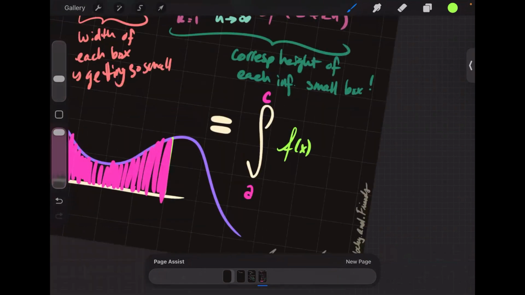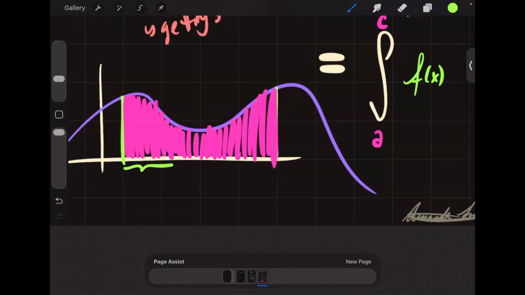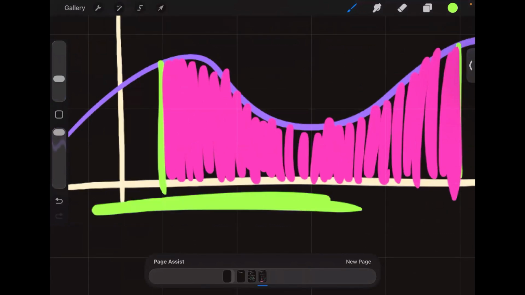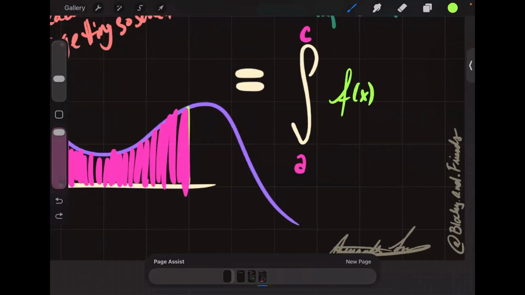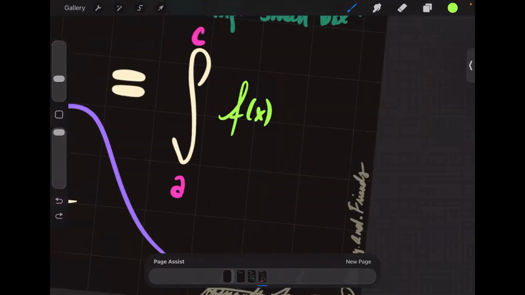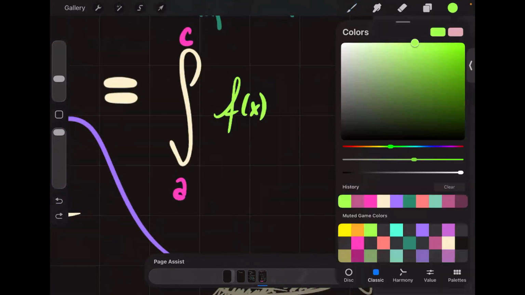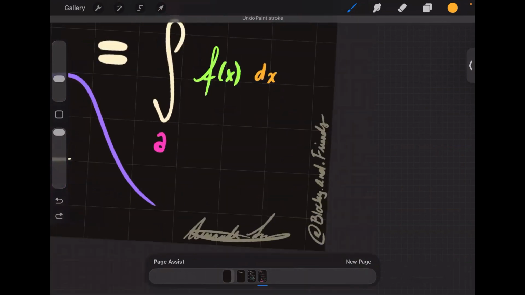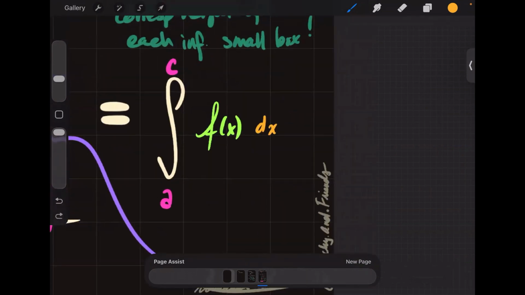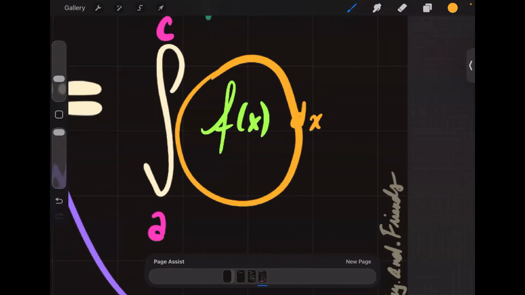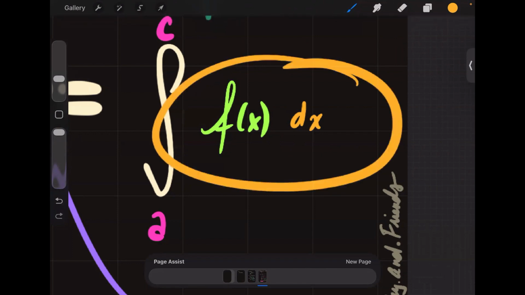And we are saying the width of each box, is the width the y value or the x value? The width is the x value, or the difference in x values, right? And thus that gives you f of x dx. It's not times, okay? I mean, I guess you could view it as times. This is saying all of the infinitely tiny y values relative to the x's.